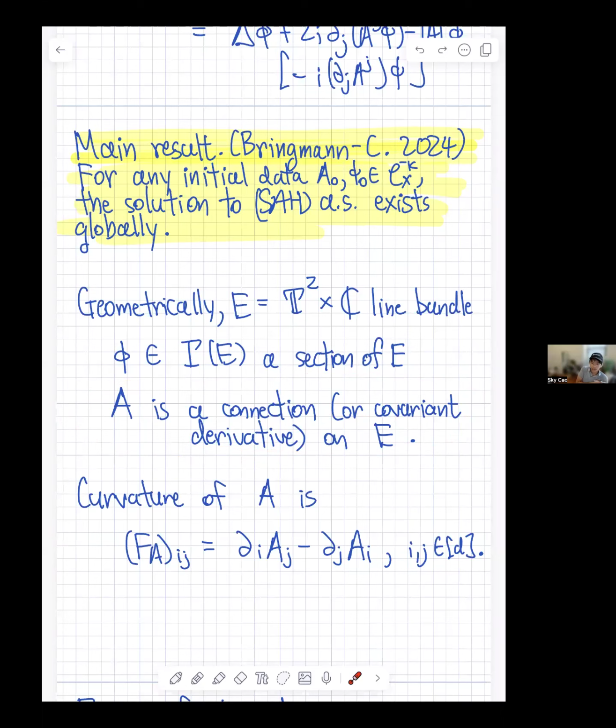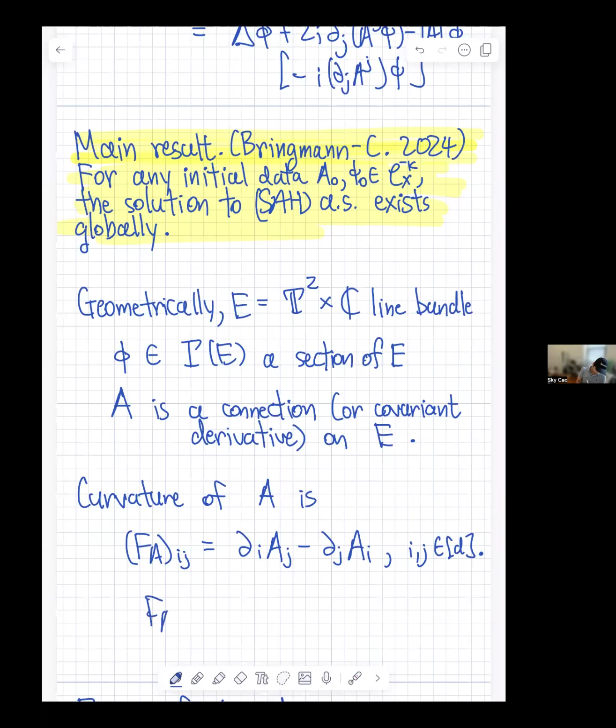The point is that even though we took a trivial bundle, we still have non-trivial geometry, and that's really encoded in the fact that A may be non-zero. And what is geometry? It basically is curvature. In this setting, curvature is expressed in terms of a matrix of functions.